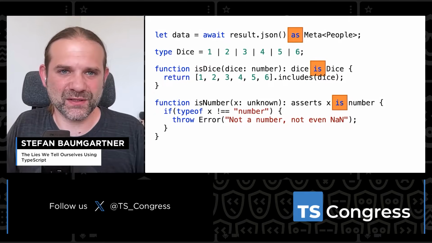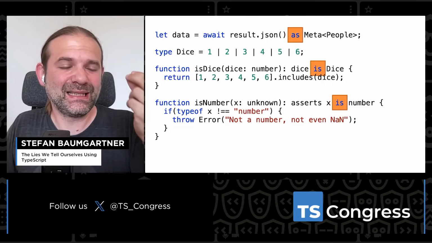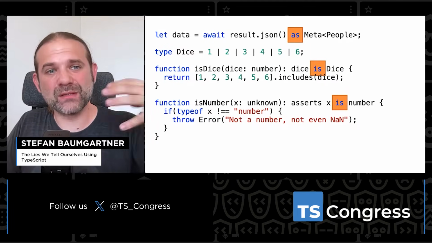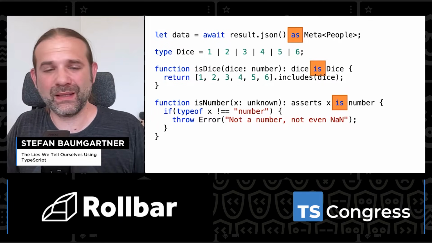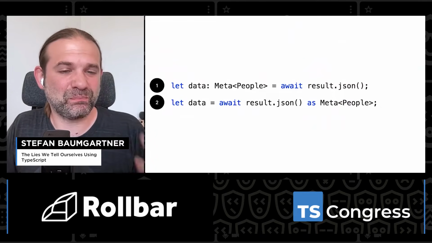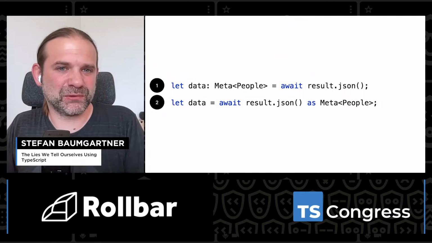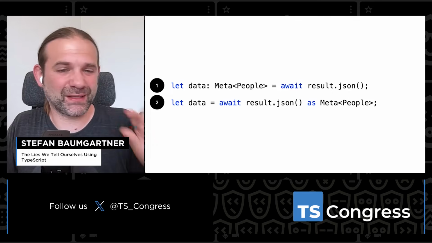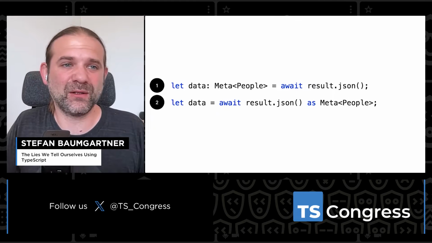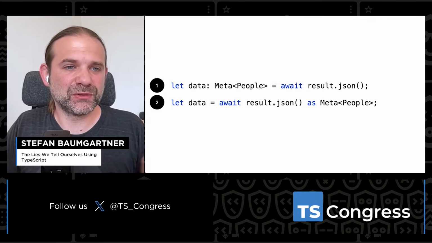Same with assertion signatures. And all those keywords, as in these, for us, signal that we are bending the type system to our will. So if I ask you, what of those two things actually shows better that the type system is being bent a little bit? It's number 2, because you can do a full text search for the keyword as, and you find all the positions, all the places in your code where you're bending the type system to your will.